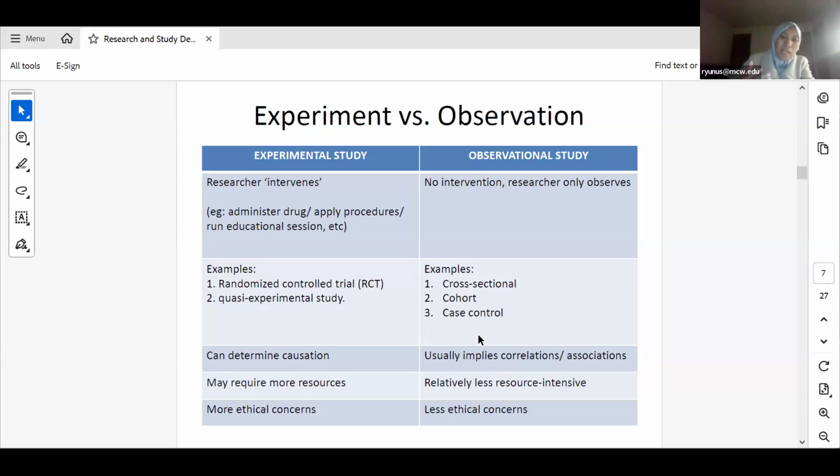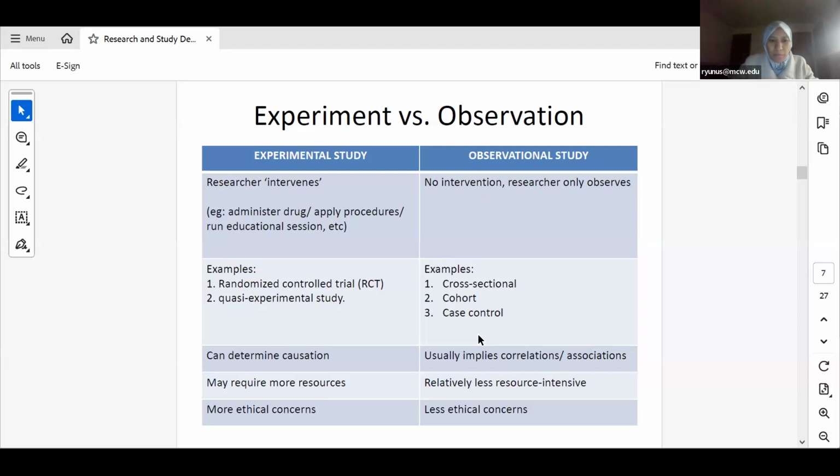That is the opposite when it comes to experimental study, because experimental study will give you a more robust finding when it comes to determining causation, in other words, the relationship between independent and dependent variable.